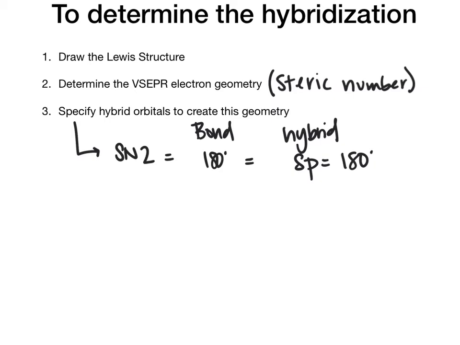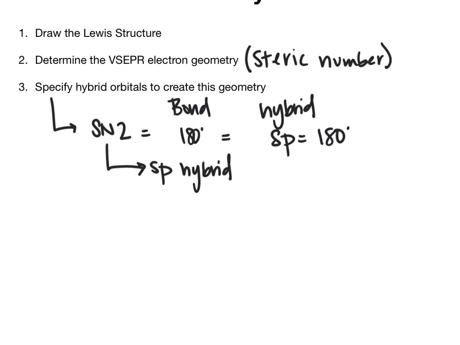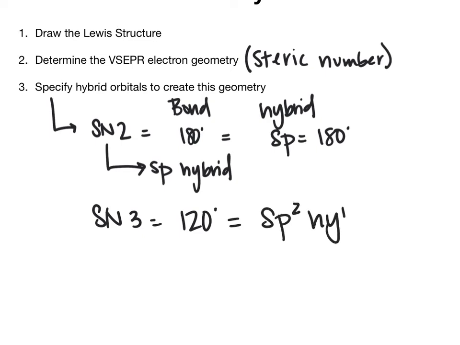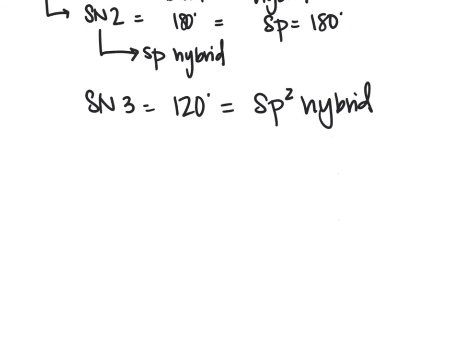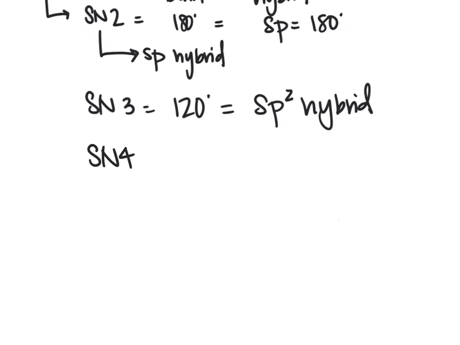So for a steric number of 2, this is always an sp hybrid. For a steric number of 3, with 120 degrees apart, it's going to be an sp2 hybrid. For a steric number of 4, we have 109.5 degrees, or 109 degrees, and that is always going to be an sp3 hybrid.